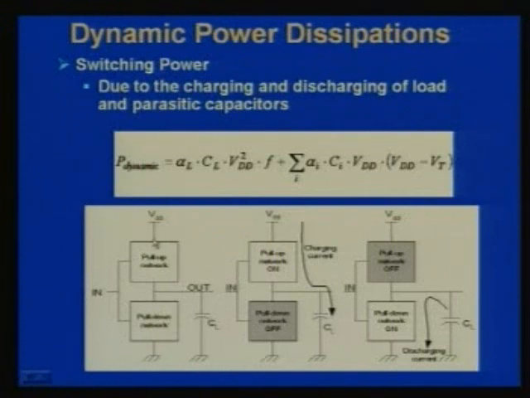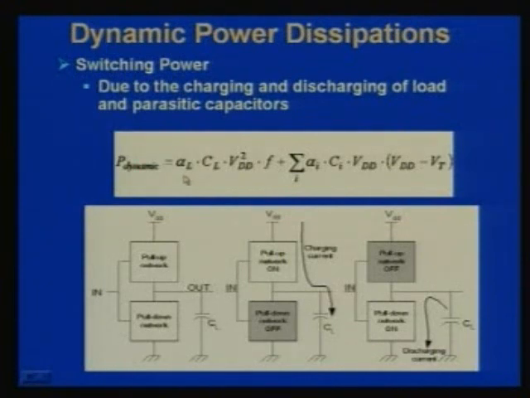That means while charging, power is dissipated in the PMOS network, and while discharging, when the output becomes 0, the discharging takes place through the NMOS network and power dissipation takes place there. And this is the dynamic power dissipation which takes place across the load.